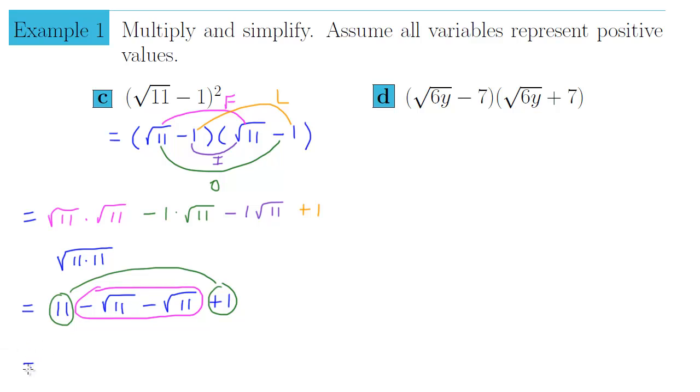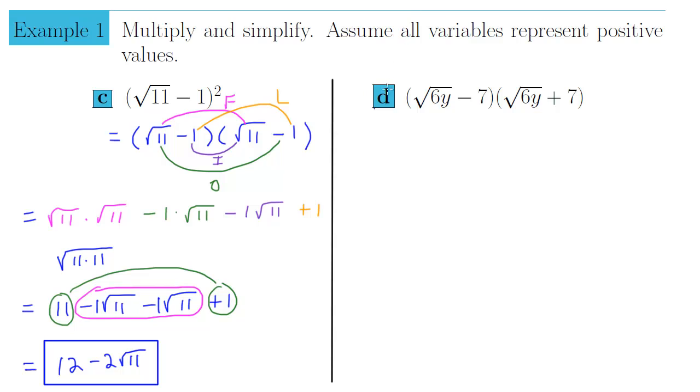So we end up with the 11 plus 1 is 12. The negative root 11 minus root 11, remember there's little 1's out in front of here. So negative 1 root 11 minus another 1 root 11 is altogether minus 2 root 11's when you collect the like radicals. So that's the simplified result for the product of root 11 minus 1 times root 11 minus 1.